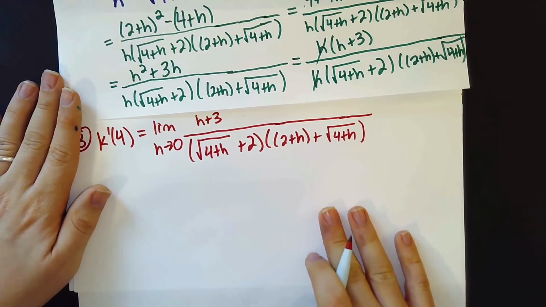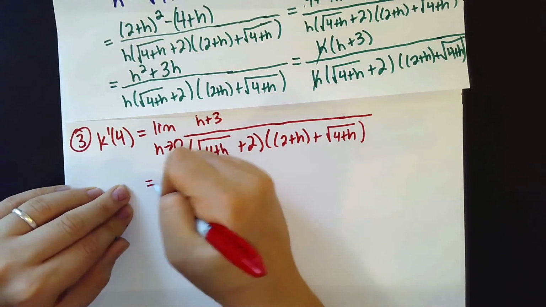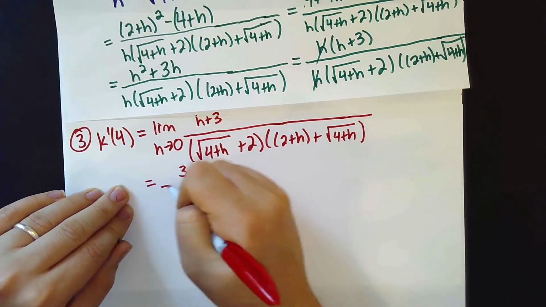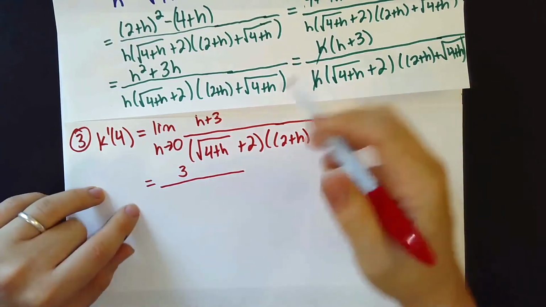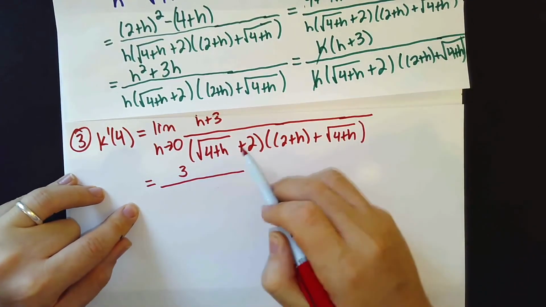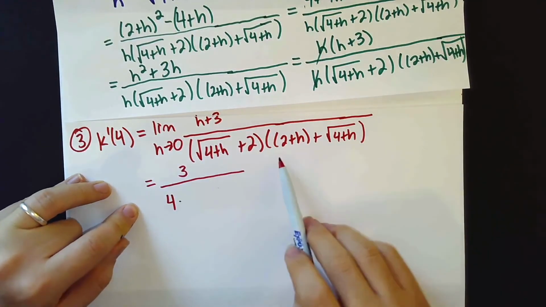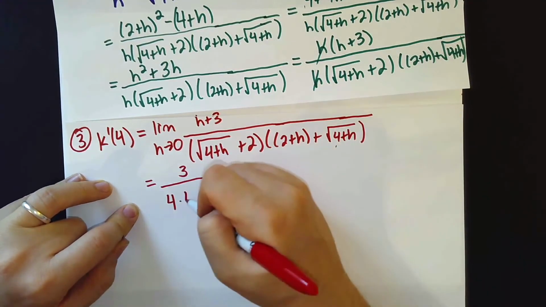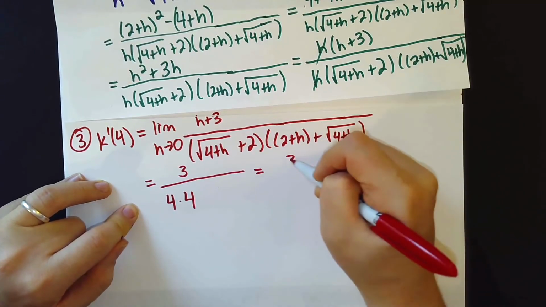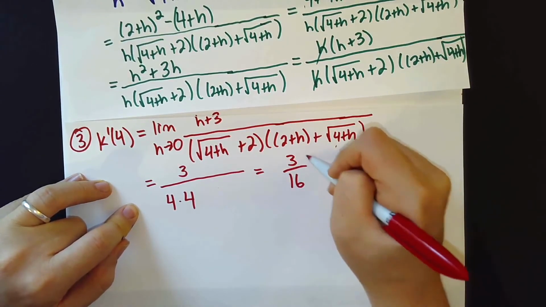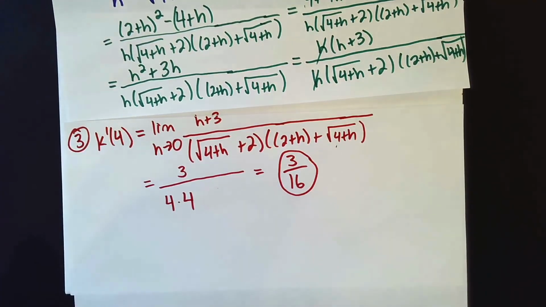And what is this limit going to be? Well, it's going to be 3 divided by, and this whole thing's going to work out to be 4 times, this whole thing's also going to work out to be 4, and so this is going to work out to be 3/16. And so that will be our answer.